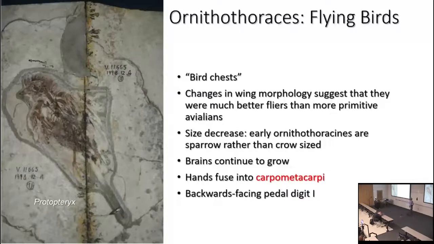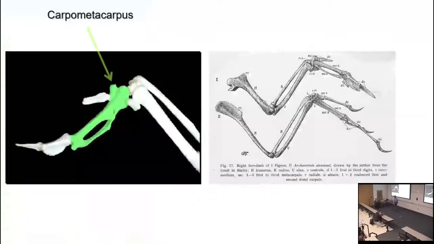So Ornithothoraces, bird chests. So what are some of their traits? Here's the carpometacarpus. So the distal carpals, the semilunate carpal block, basically, fuse to metacarpals 1, 2, and 3, and metacarpals 1, 2, and 3 fuse together.